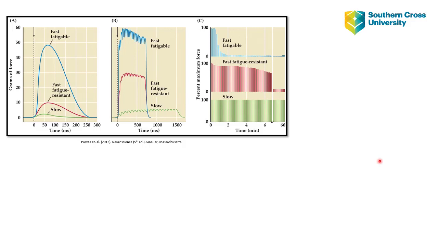And so what we have are our slow fatigue resistant fibers. So they're those muscle fibers that we use for low forces for a long period of time. Then you have your intermediate fatigue resistant, or fast fatigue resistant as they're also known.